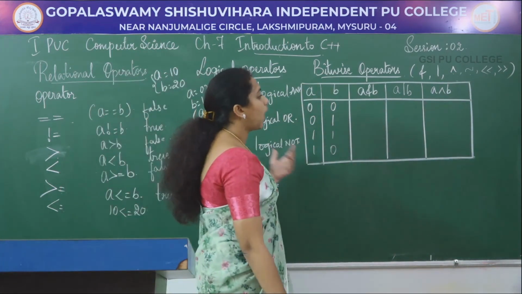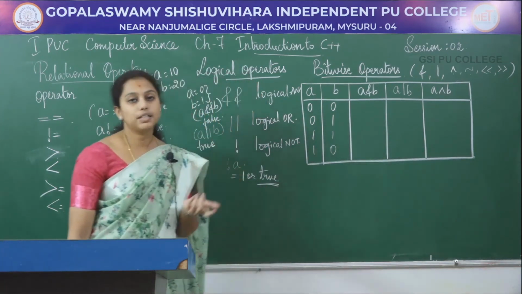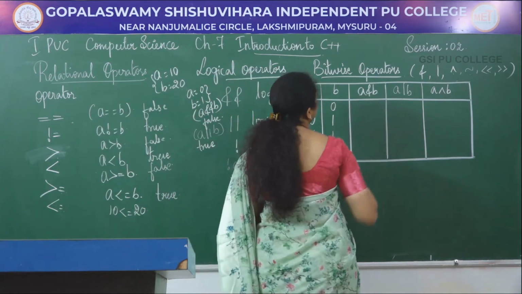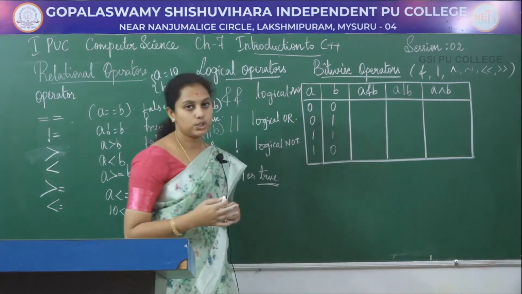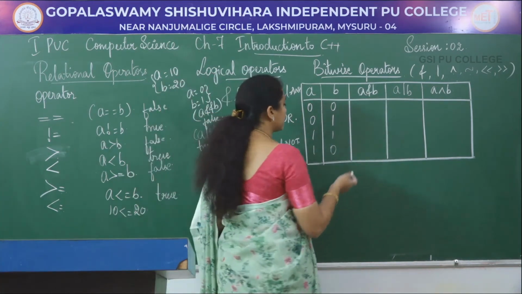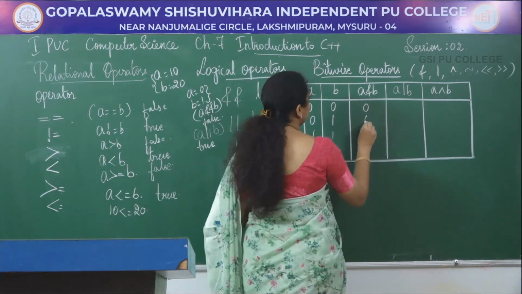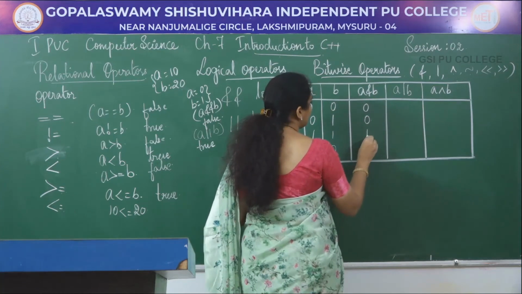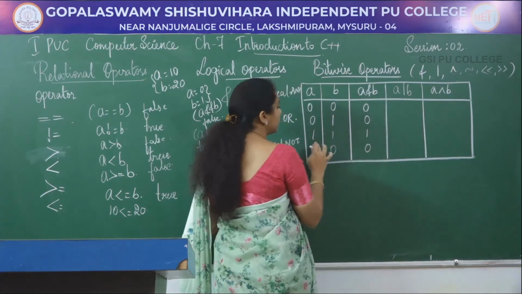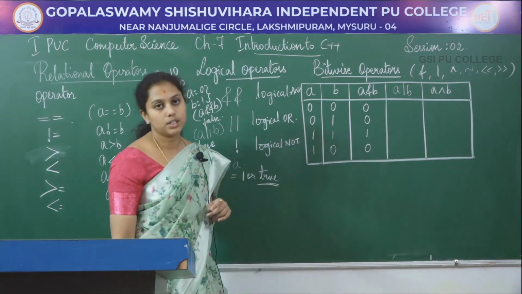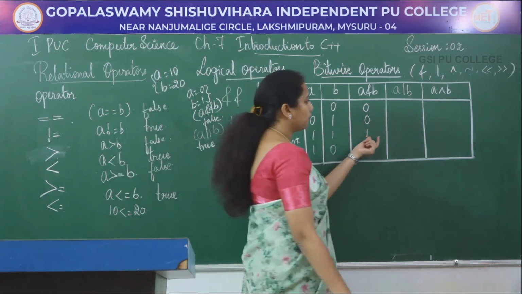So now let's see how it works on bits. A and B. So what is the AND condition? If both the conditions are true, then it will give you the output as true. So here both the conditions are non-zero, then the output will be 1 here.